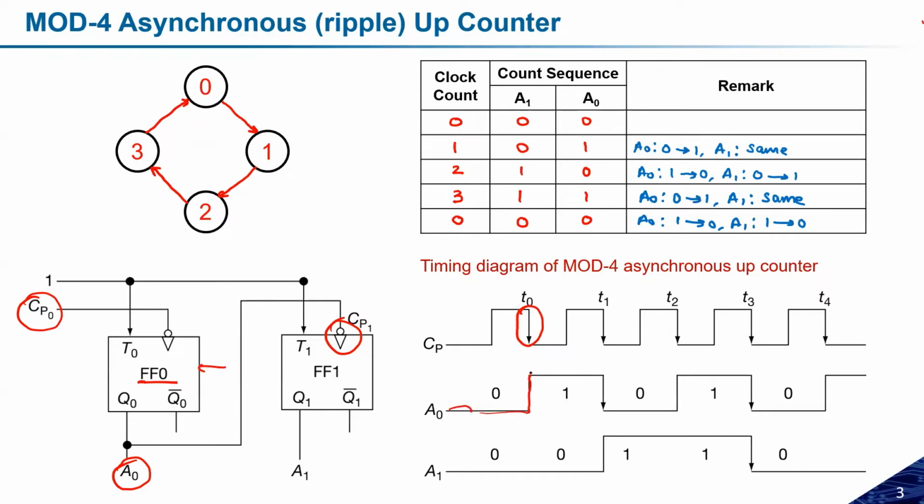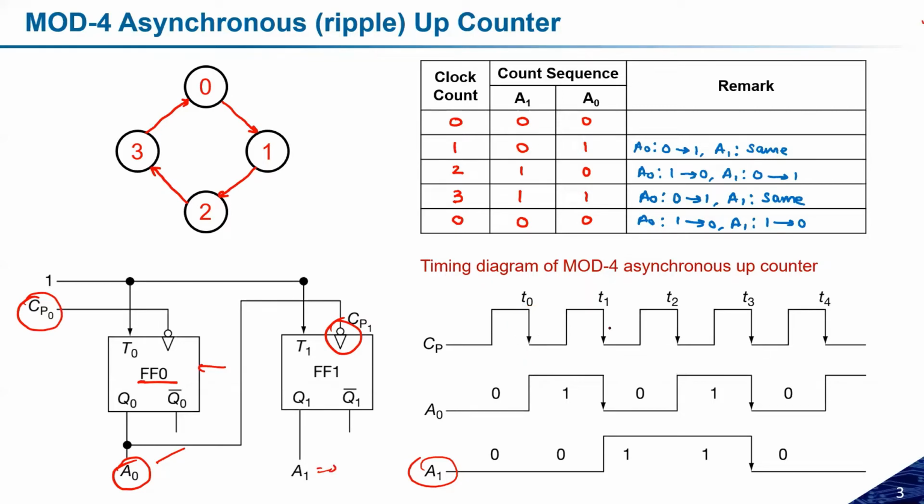So A0 will become 1. And there is no change in A1, because A1 will be reflected only once the next toggle comes. It will not be reflected at the same time. So A1 will be maintained at 0.